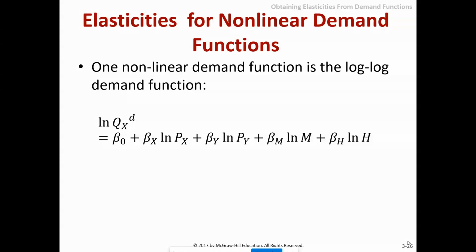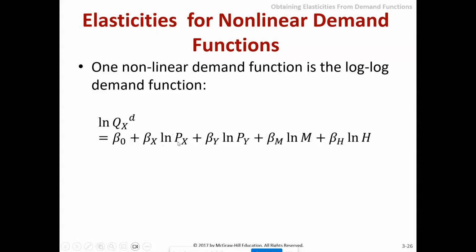Now I want to introduce a new demand function, which is nonlinear, and it is very handy. It's called a log linear or log demand function. What's the meaning of log? The left-hand side, quantity demanded, is in its natural log format. So we take the natural log of quantity demanded for product X. And the variables on the right-hand side are also in log format.